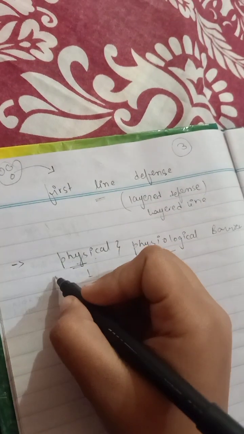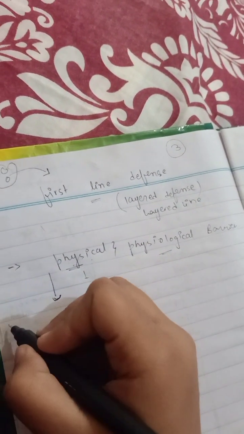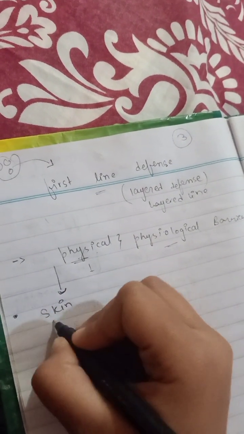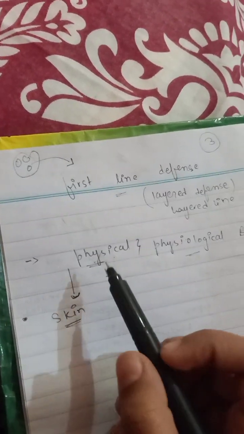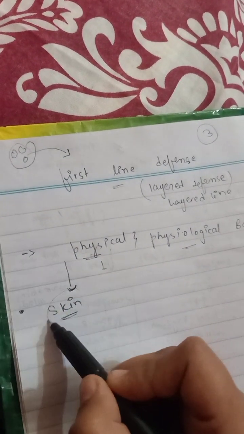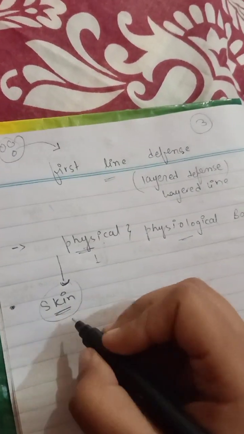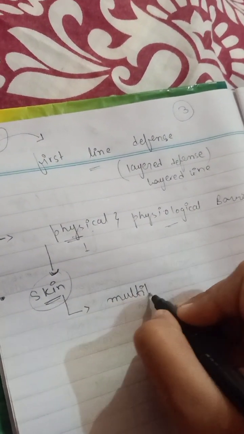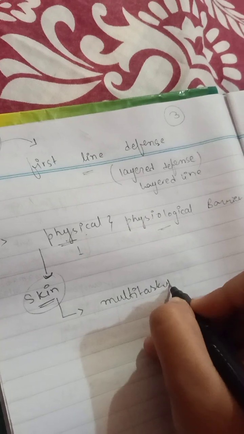If we talk about the physical barrier of the first line of defense, the pathogen has to enter the first line, which means it has to face the skin first of all. So what is skin? Skin is a multitasking organ, which means it has many functions.